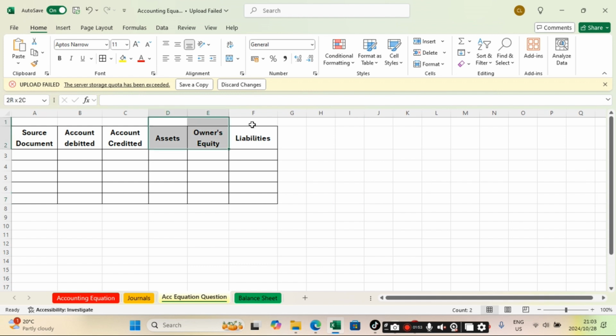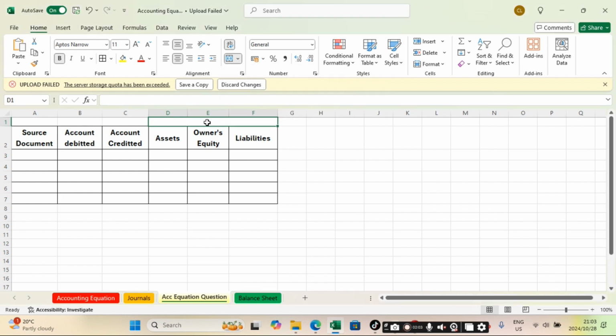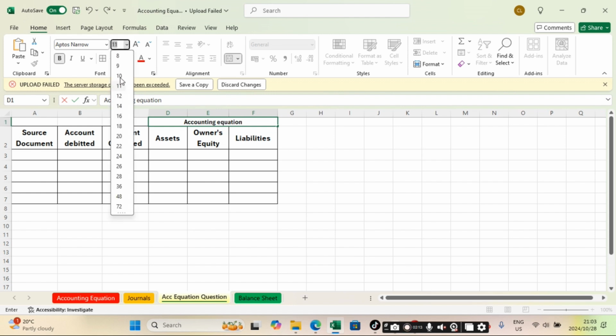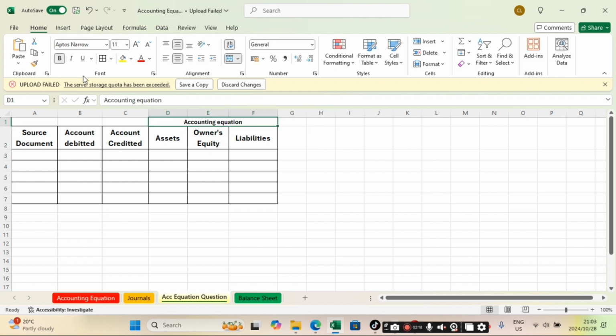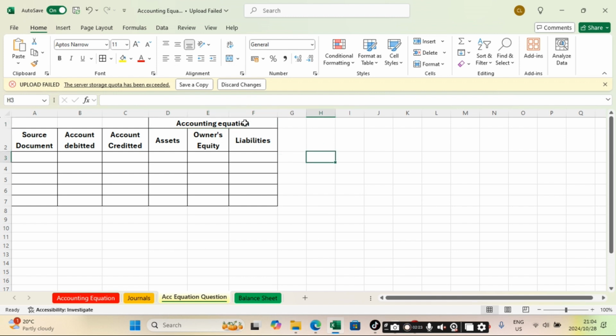So this part here, the accounting equation. Okay, so this is our accounting equation.